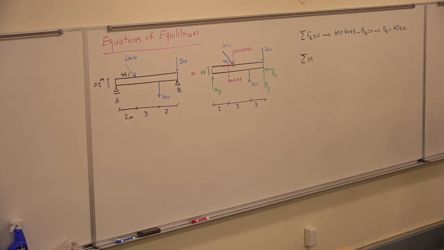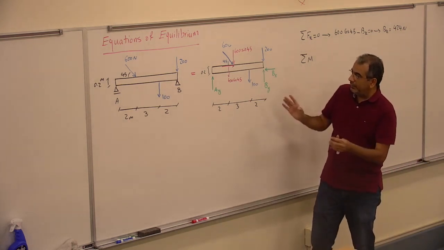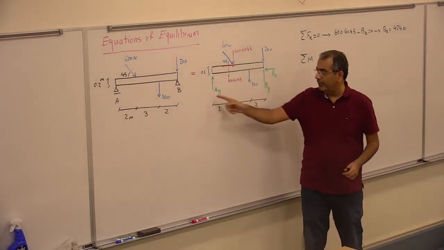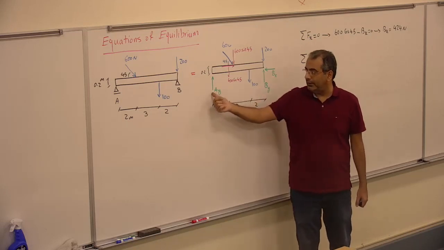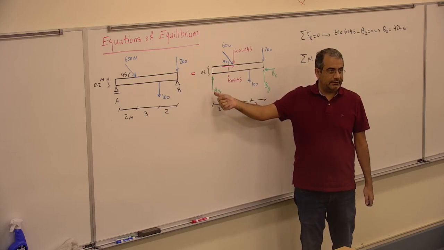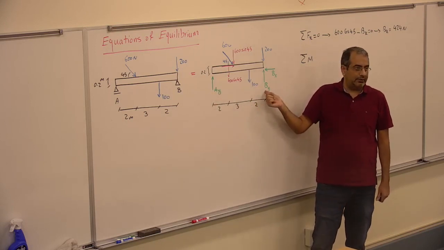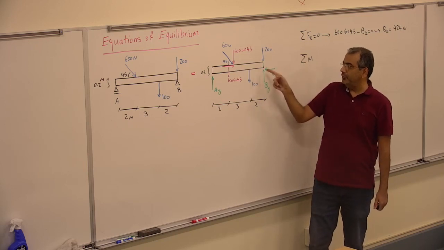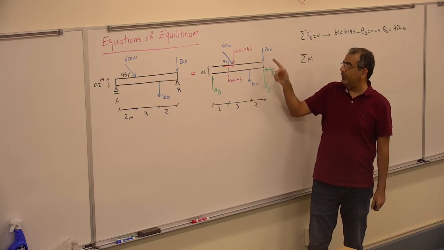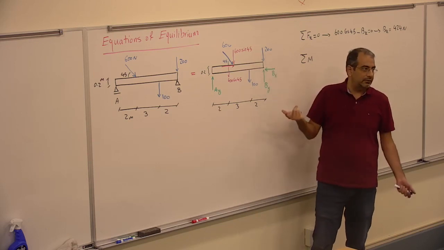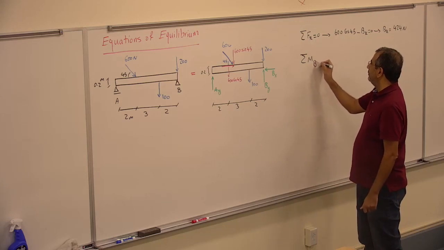Because I don't want to end up with 2 unknowns in the equation, either I write it about A to get rid of A, or about B to get rid of B. At B, there are 3 forces that pass through B, so I don't need to calculate the moment for these 3 forces. So I will write it about B.